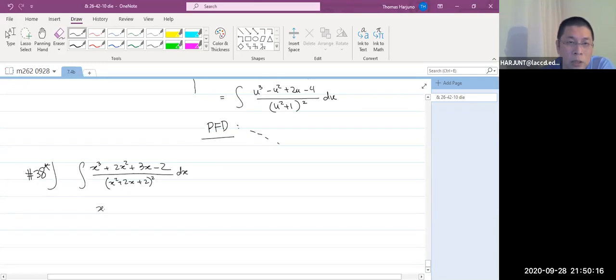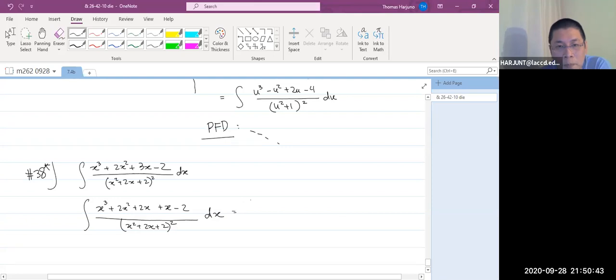So I see that on the top I have x cubed plus 2x squared plus 2x, and then plus x minus 2. Because I want to break this up.